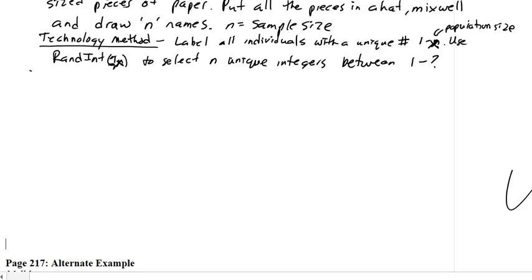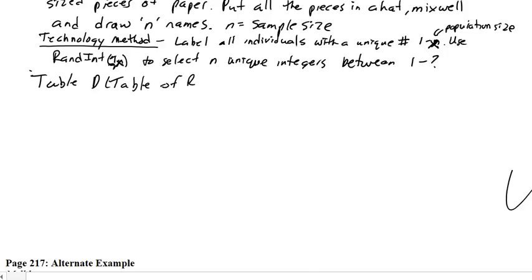The last method is called Table D. I would only use this one if I absolutely had to, and probably only on the multiple choice or if they force me to use the table of random digits on the test. Otherwise, I'm probably not using this method.